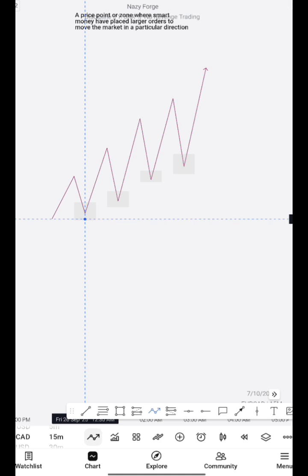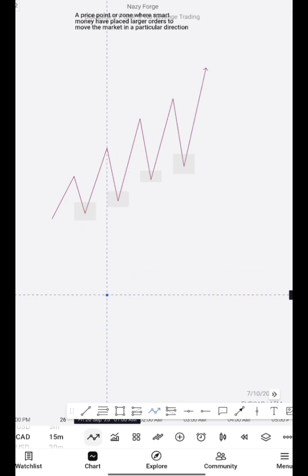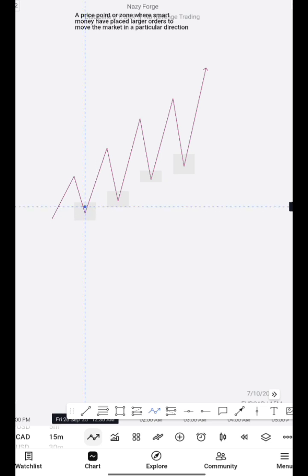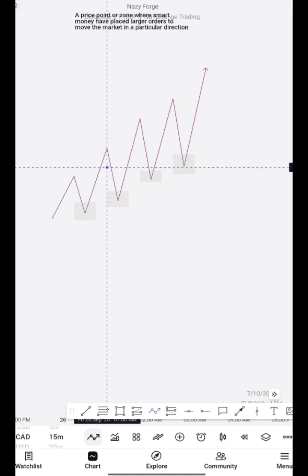Let me explain the basic concept of this order block. When smart money come into the market, they do not have enough liquidity to fulfill all the orders they have. So they place the large orders down here, and the price moves up impulsively.